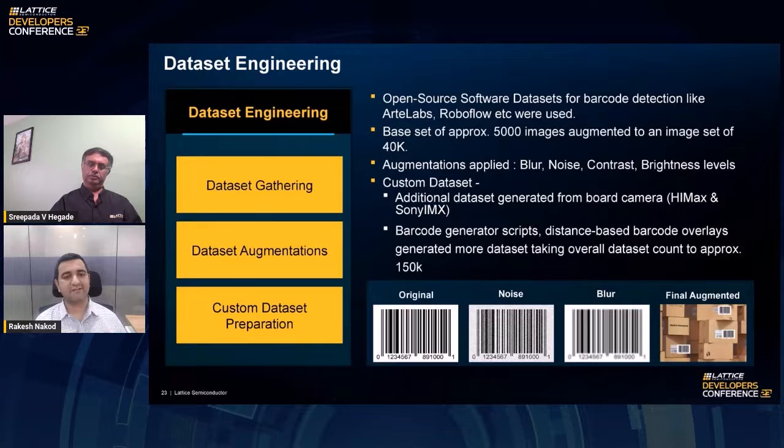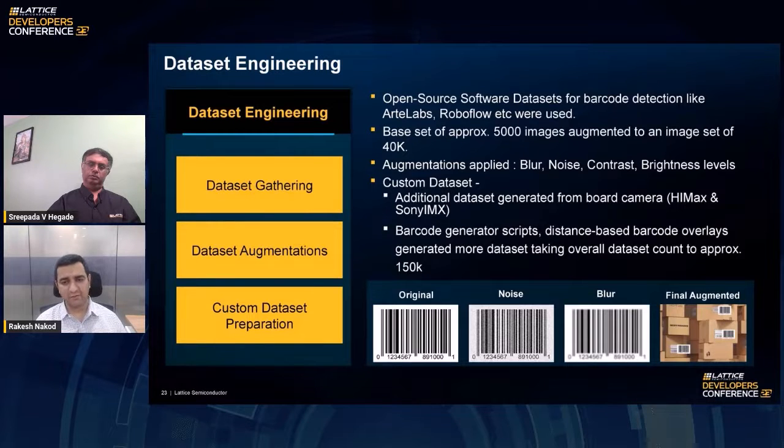We have listed those out over here. We applied blur, noise, contrast, brightness level, etc. Other than this, to improve accuracy on more real data, we also captured barcode data from the board camera. So an additional data set was generated with the cameras that are supplied with the boards.